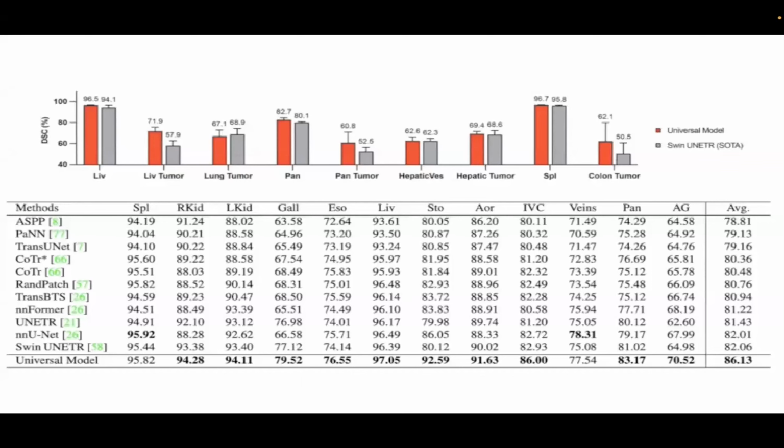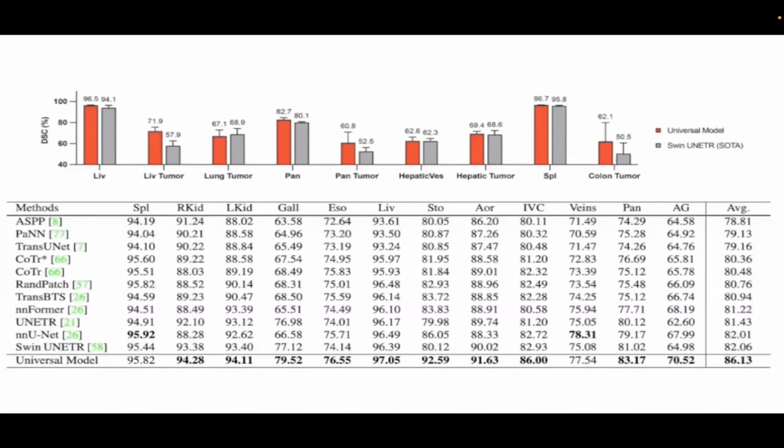For example, with lung tumors, Swin UNETR does slightly better than the universal model here. There's overall better segmentation performance, though, and it does offer a substantial improvement, specifically in the task of liver tumors, pancreatic tumors, and colon tumors at 14%, 8%, and 11% respectively.